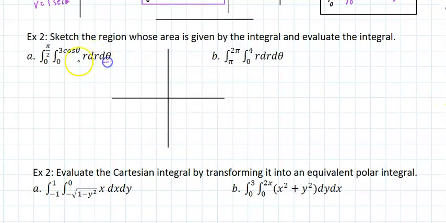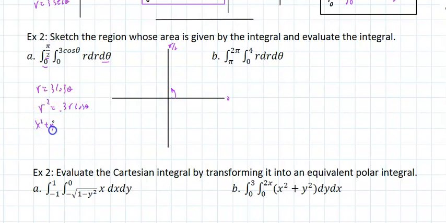Well, theta runs from 0 to pi, so this is only in quadrant 1. That's good news. Pi over 2, that's what I mean. And r runs from 0, from the origin, to r equal 3 cosine of theta. What is that? That is r squared equal 3r cosine of theta.